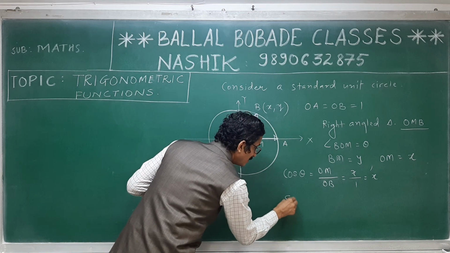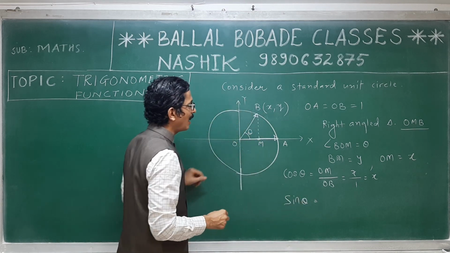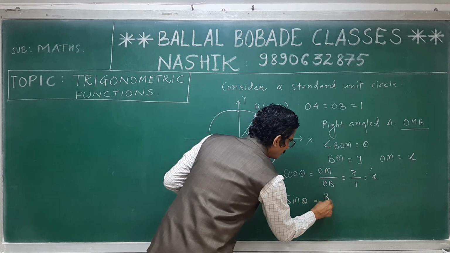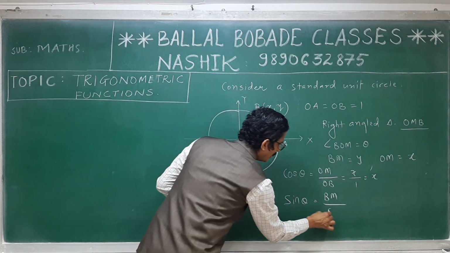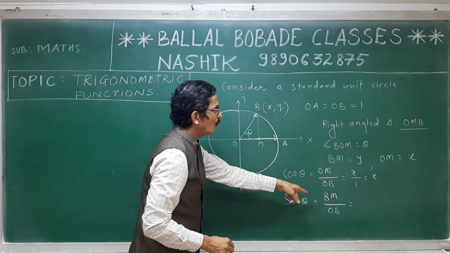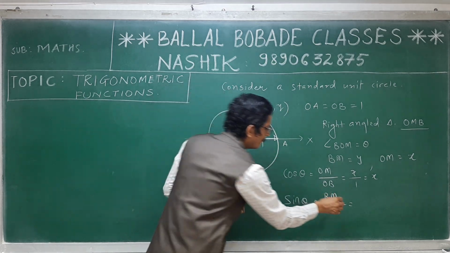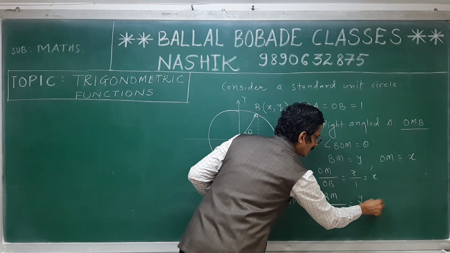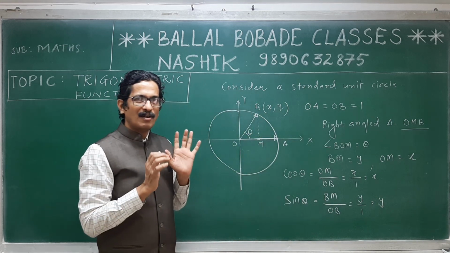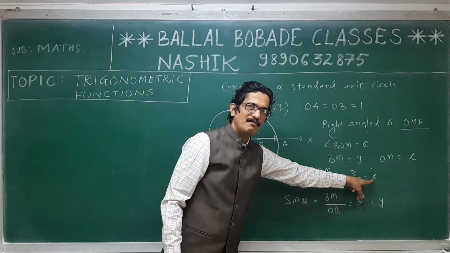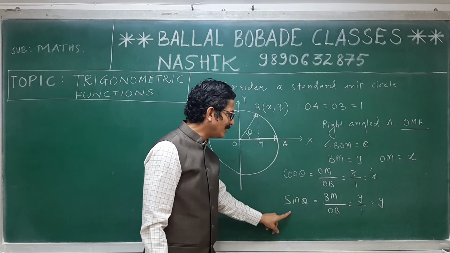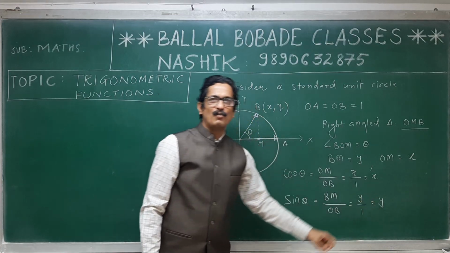Now what is sin theta? Sin theta is opposite, that is BM, upon hypotenuse, that is OB. What is BM? BM is y. Y upon 1 is y. In short, my dear friends, cos theta is always given by x and sin theta is always given by y.